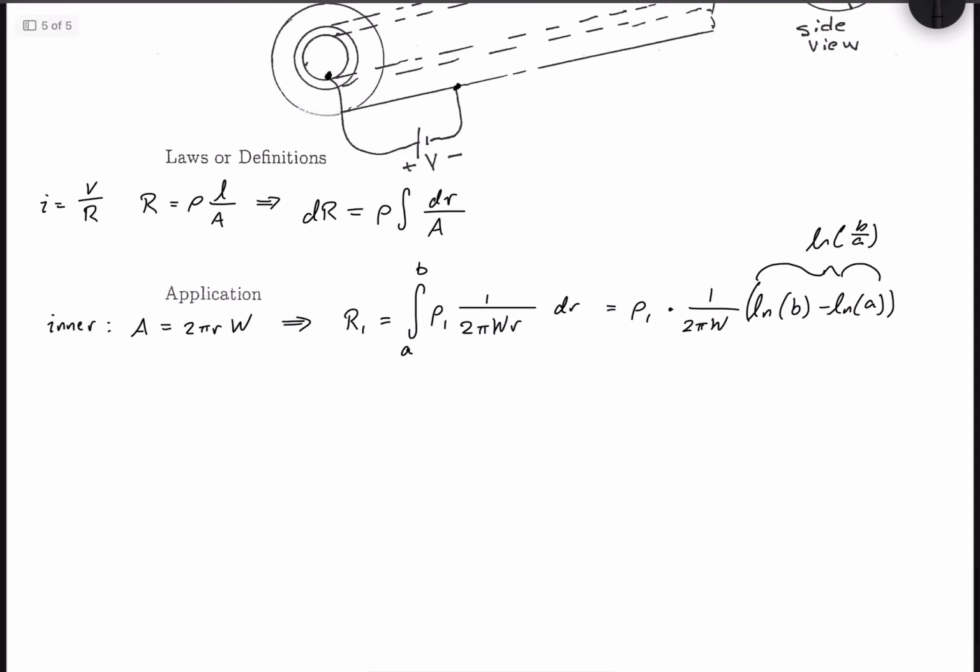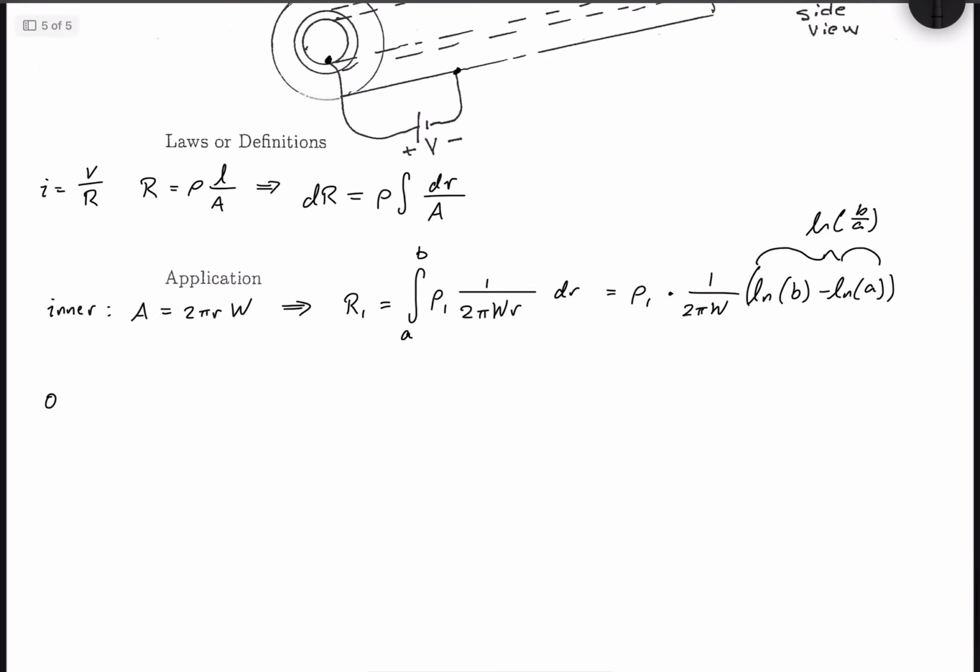Cool. Then what we want to do is we're going to do the outer cylinder. Same thing. It's got the same area. It's entirely dependent on the radius, of course, but it's the same formula for area.